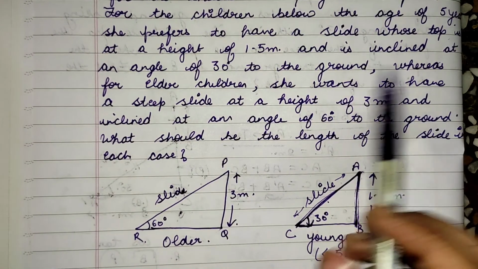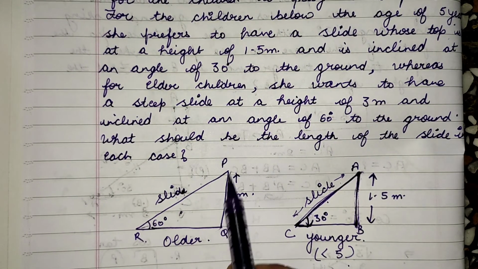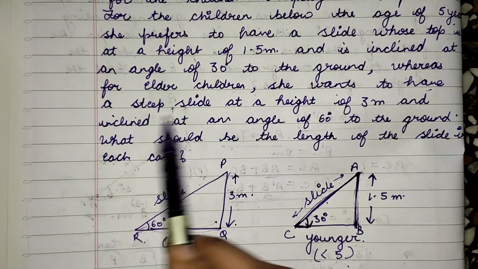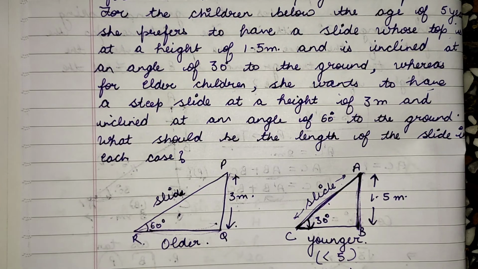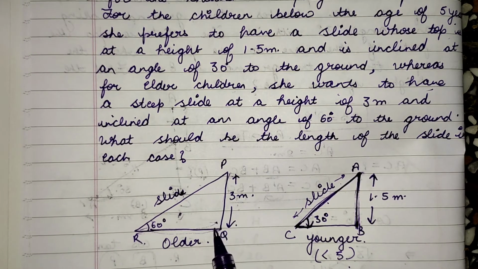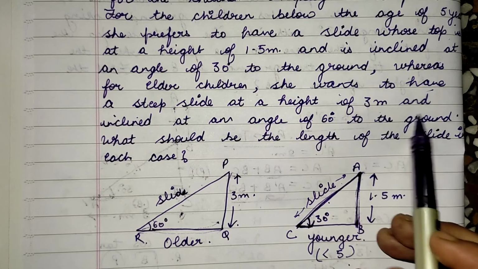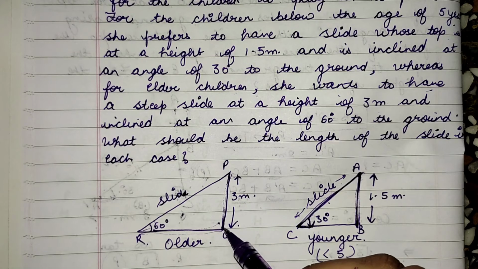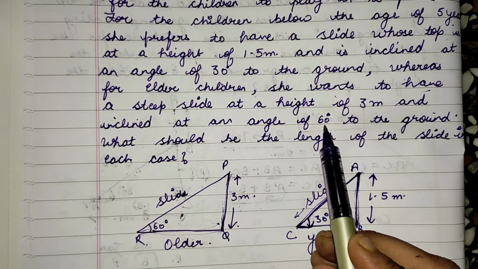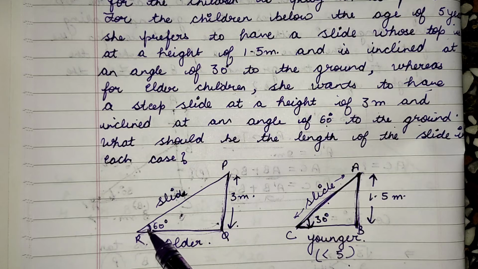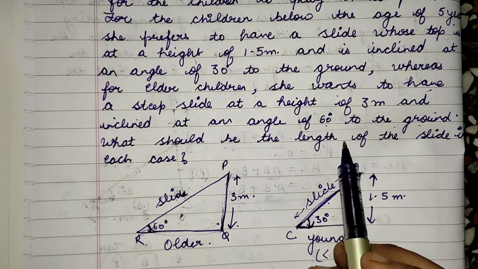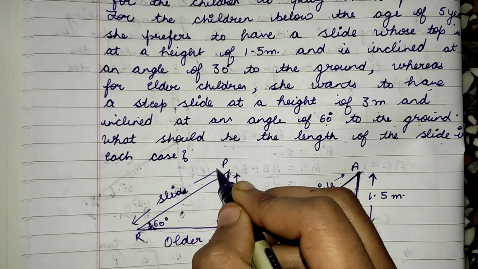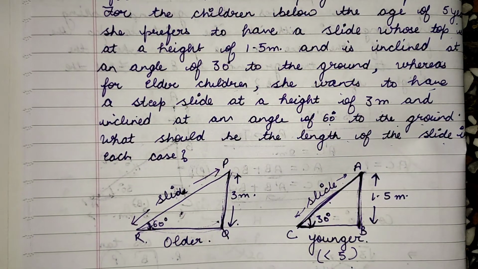Whereas for the older children, he wants to have a steeper slide, a little bit more steep, at a height of 3 meter from the ground, and inclined at an angle of 60 degree to the ground. What should be the length of the slide in each case? So in each case you have to find out the length of the slide.